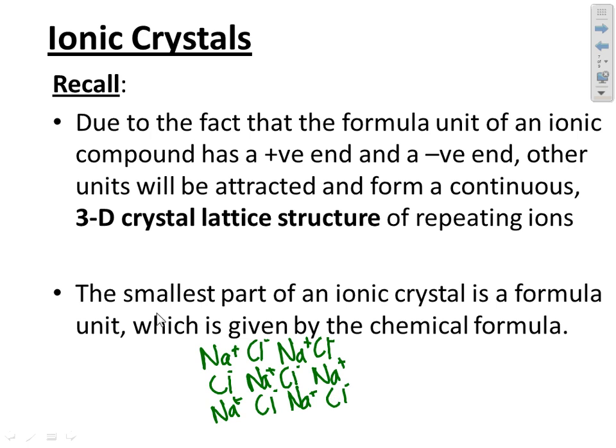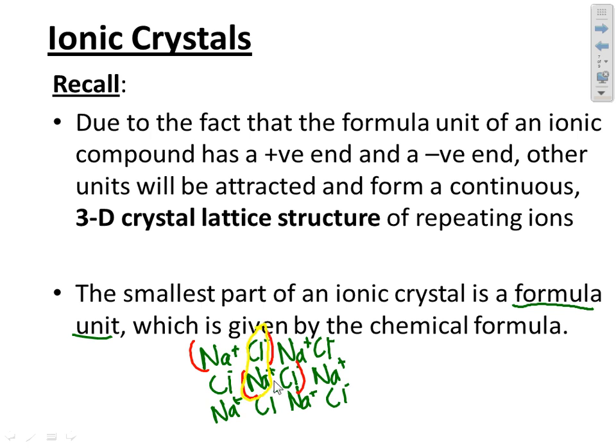Now, remember I talked a little bit about what a formula unit is. There's the word right there, formula unit. The reason we use that term is because there's no way to tell where one piece of the salt begins and ends. Because I can have a sodium chloride right there, but I could have a sodium chloride right there. I could also have a sodium chloride using this group of them right here.